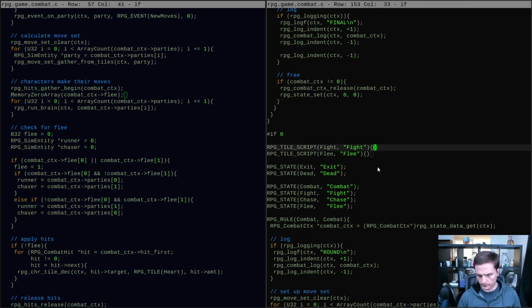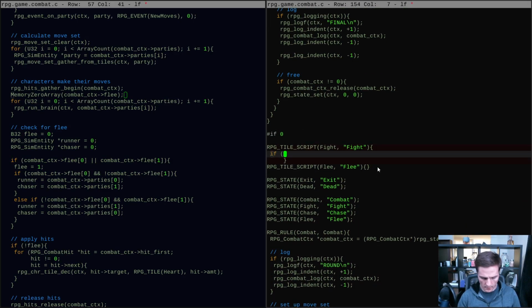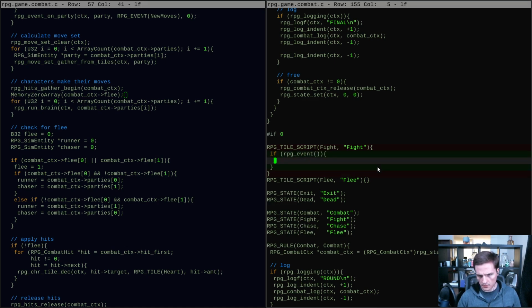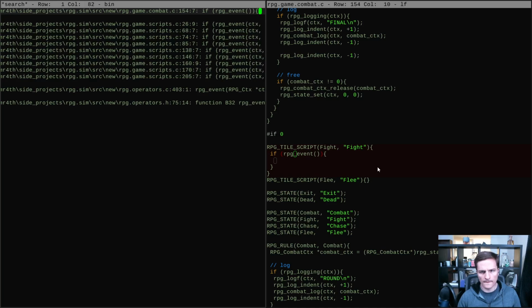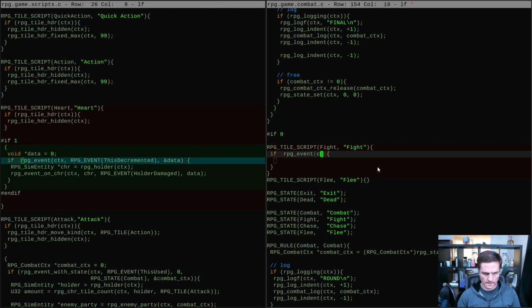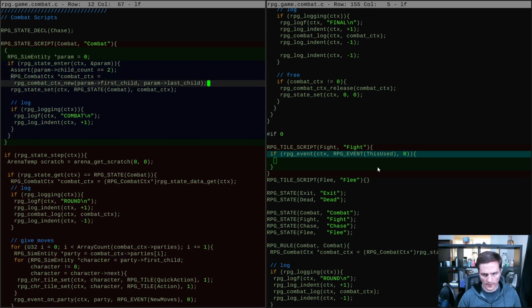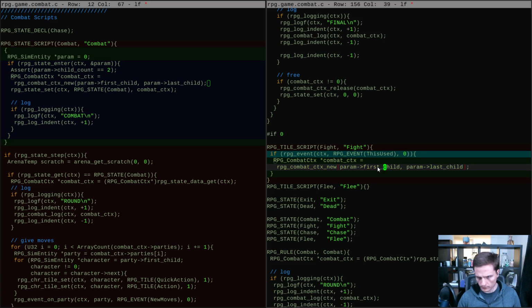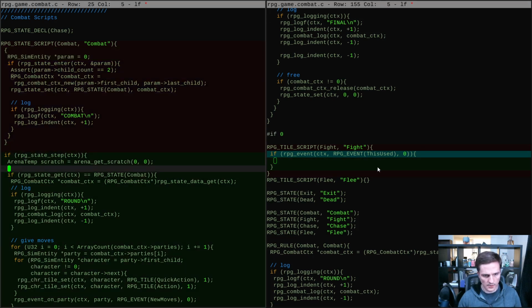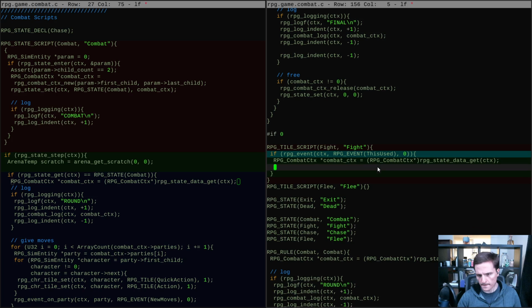So this will have an if RPG event context RPG event, this is used. Then let's see, we got to get the combat context. Sorry, that's not how you do it. You get the combat context this way.